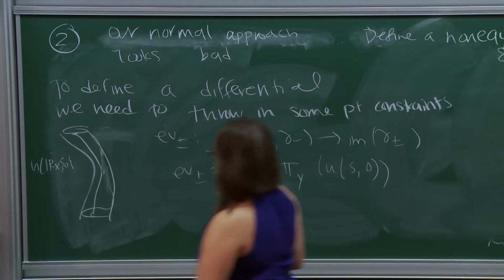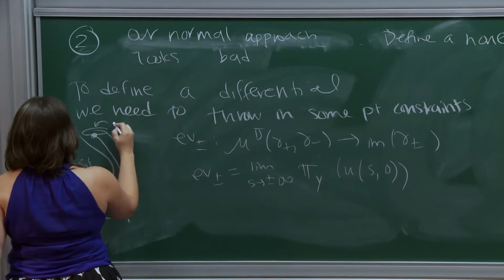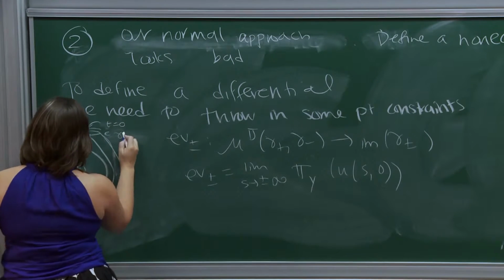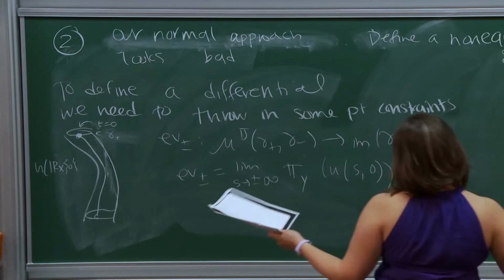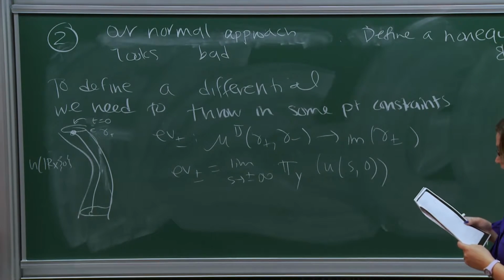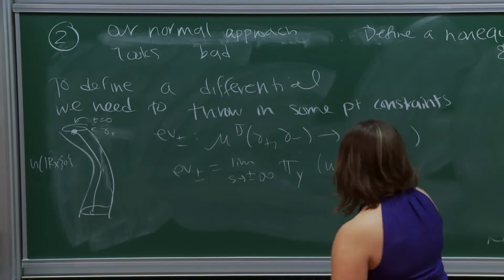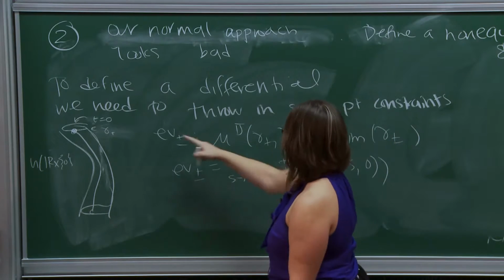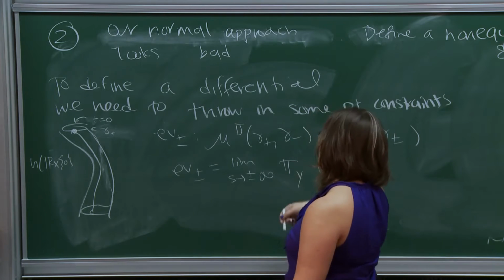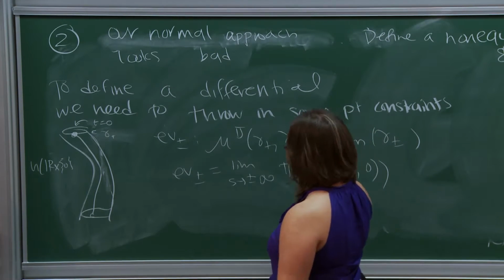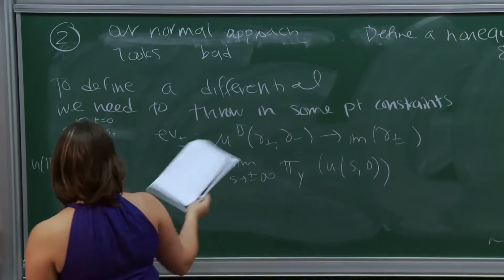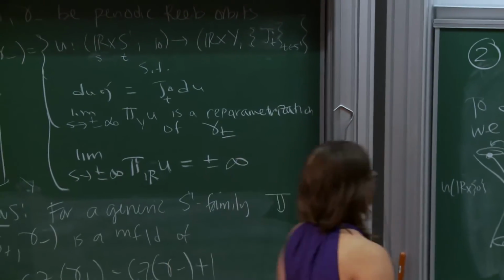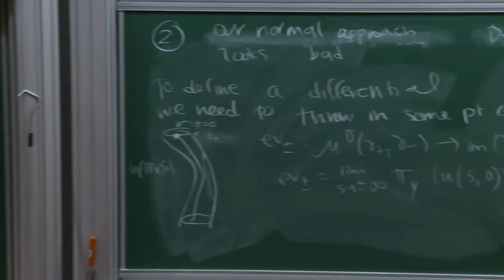So this is supposed to be when t equals 0, and this is some point that's in my Reeb orbit gamma plus. The evaluation map descends to an evaluation map after you quotient out by r, because even if we do define a differential, we're still going to have to mod out by r, where this r is coming from the translation in the symplectization direction.